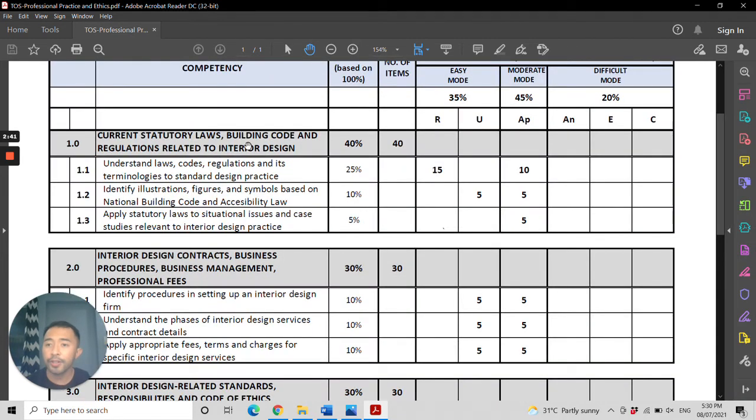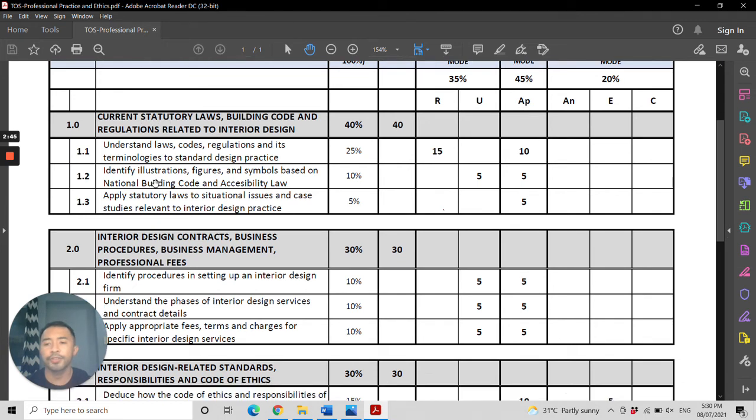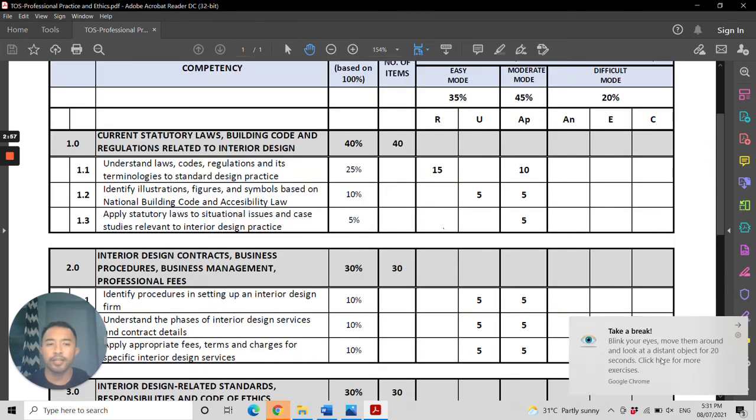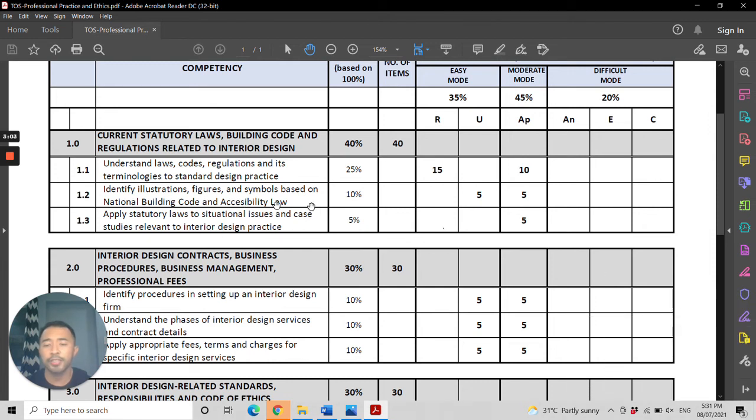Under current statutory laws, building code, and regulations, you are required to understand laws, codes, regulations, and their terminologies to standard design practice, and that'll be about 25% of the exam. Identify illustrations, figures, and symbols based on the National Building Code and Accessibility Law. That'll be 10%.